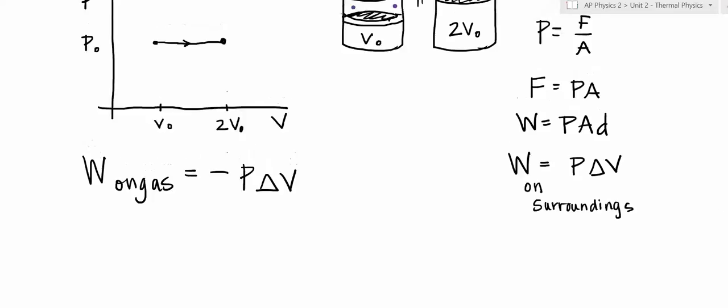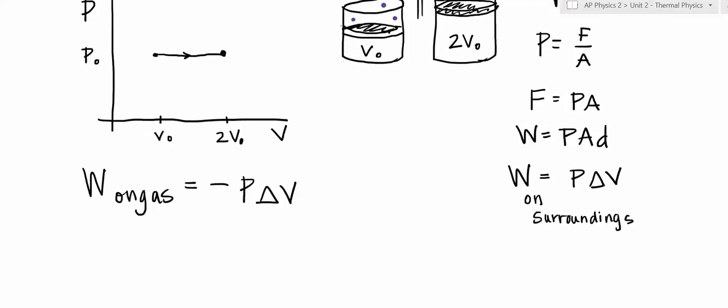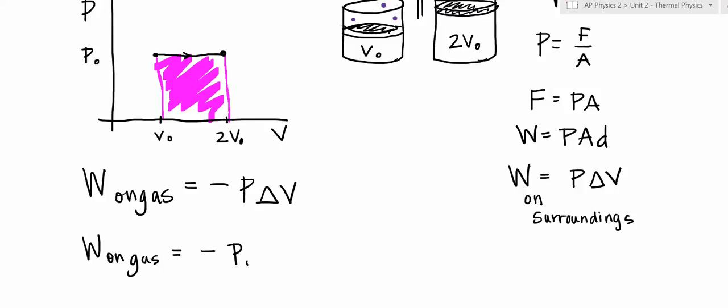So in terms of the graph, how could you find the work done on the gas? The area under the curve. And then you would insert the negative sign. Perfect. So the work done on this gas would be negative P naught times V naught, right?